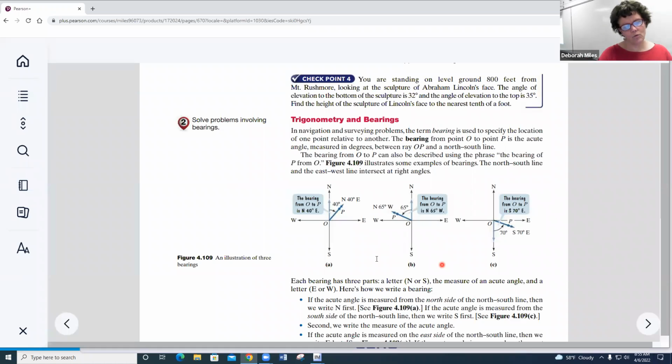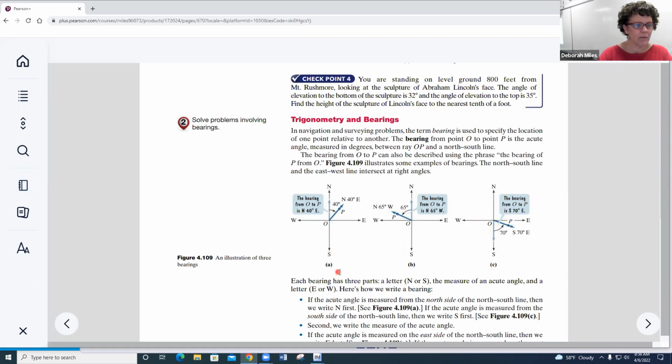When you give a bearing, you always are saying how far something is from the north-south line. Your north-south line is like your base, and then you say how far you are from that north-south line.